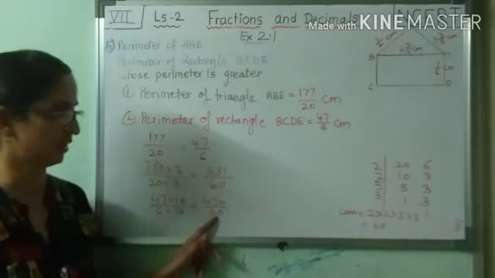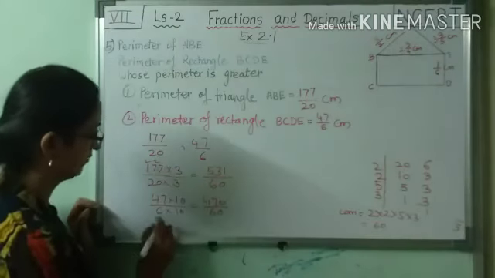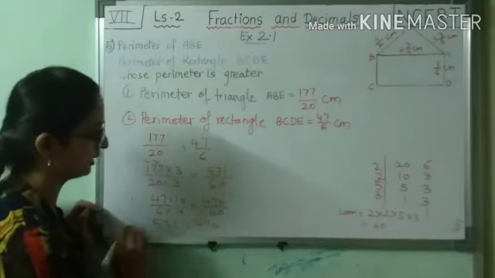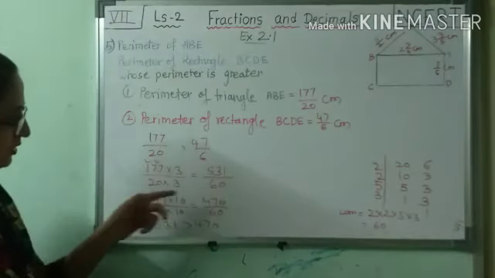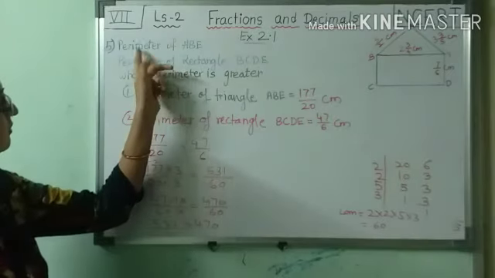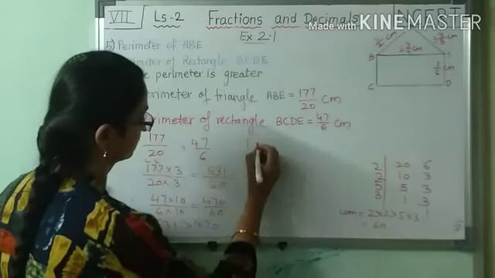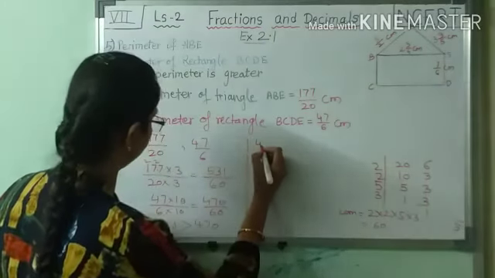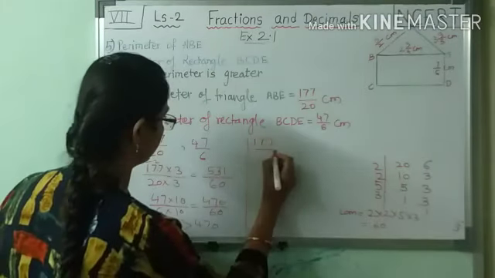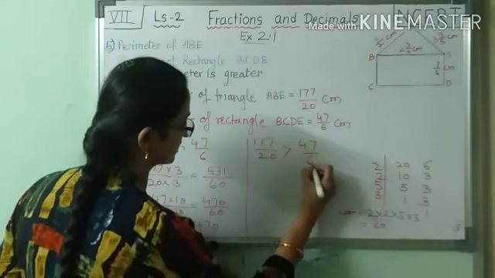The denominator is equal now. Now let us see which one is greater. As 531 is greater than 470, so this is the perimeter of triangle ABE. So 177 upon 20 is greater than 47 upon 6.